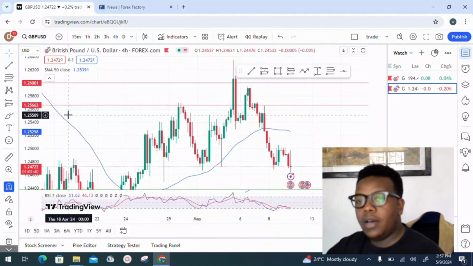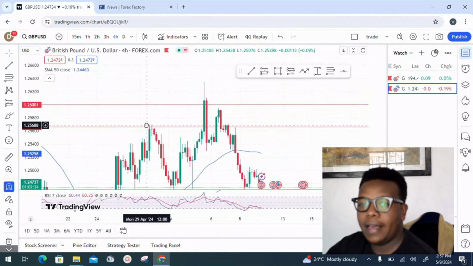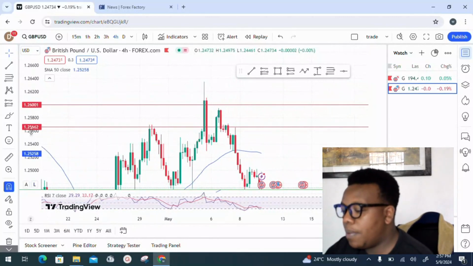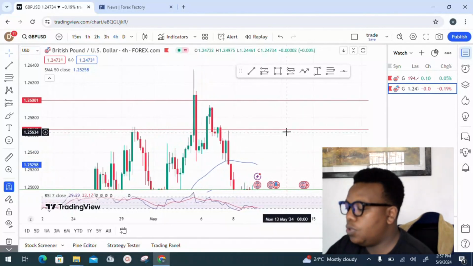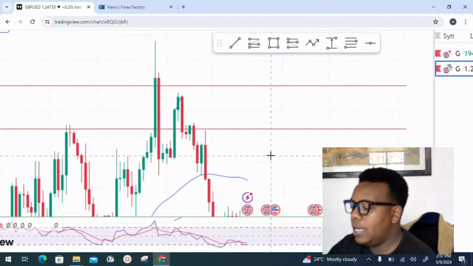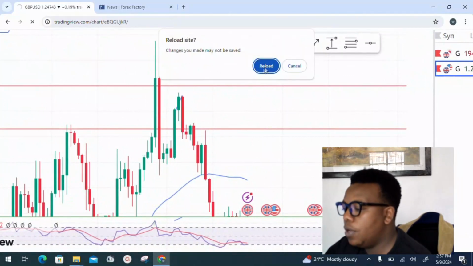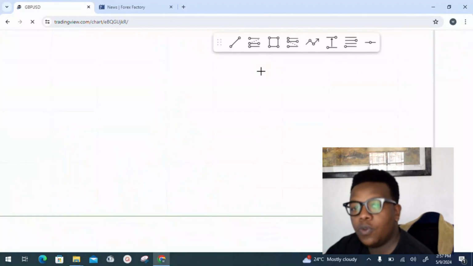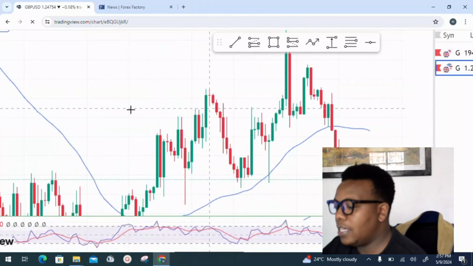How you normally apply Fibonacci is that you look for the recent high. You check out your recent high. For the purpose of the illustration, I'll go ahead and show you how you can apply Fibonacci and how it can help you identify where the market is about to go, and from which levels you should be ready to get into the market and execute your trades.